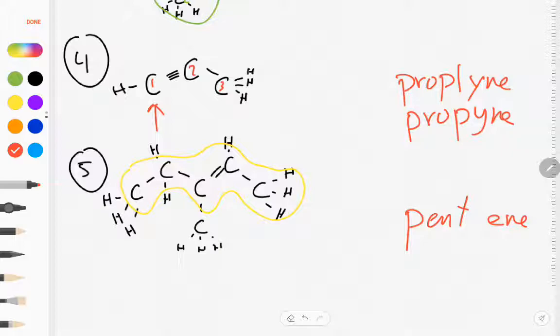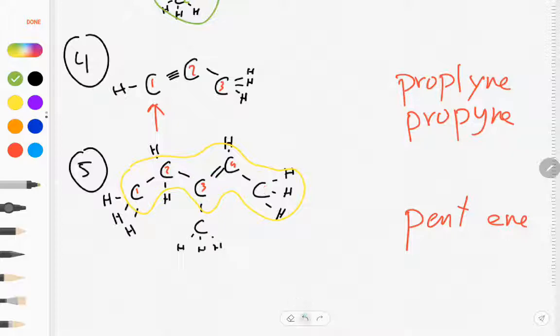So to know which one it's on, I have to number. I can number from left to right, 1, 2, 3, 4, 5. But in this case, this is going to give both my double bond and my attachment a higher number than I really want. My attachment is going to get the 3rd carbon regardless, but my double bond in this case starts on the 3rd carbon.